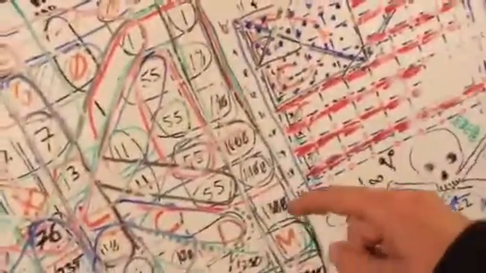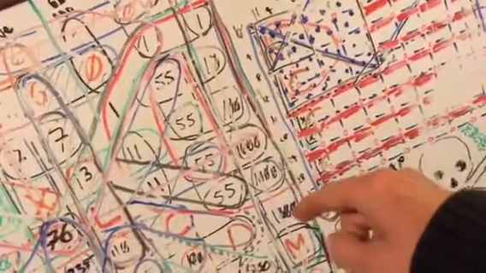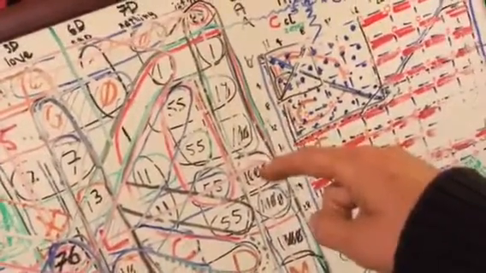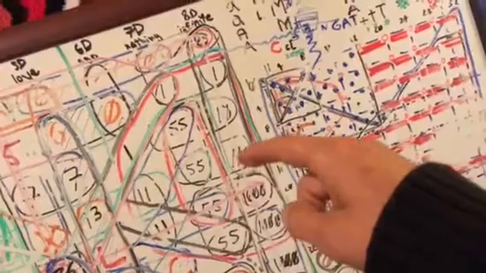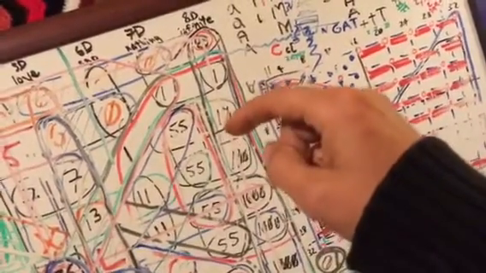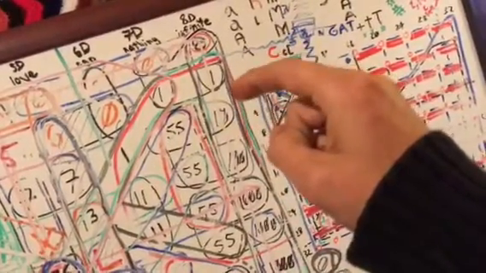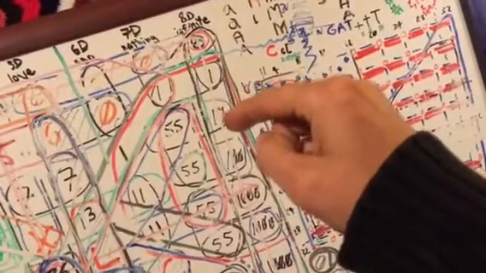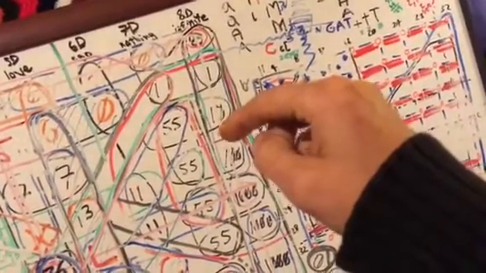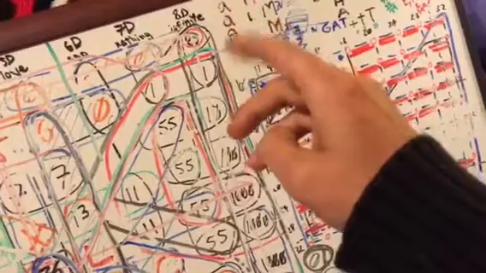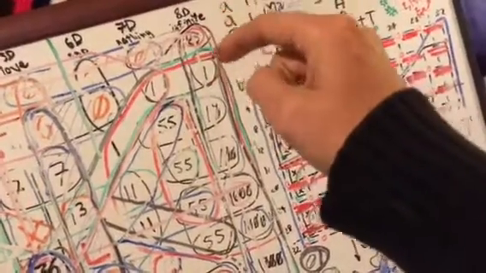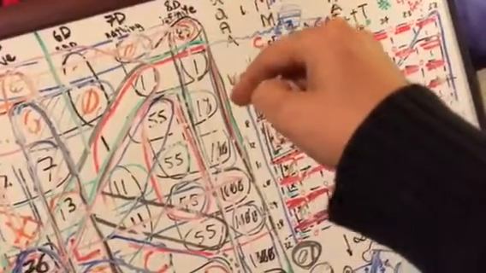And what's this? This is 3,100. I want to say 13, because that's a 1, a 1, and a 1.